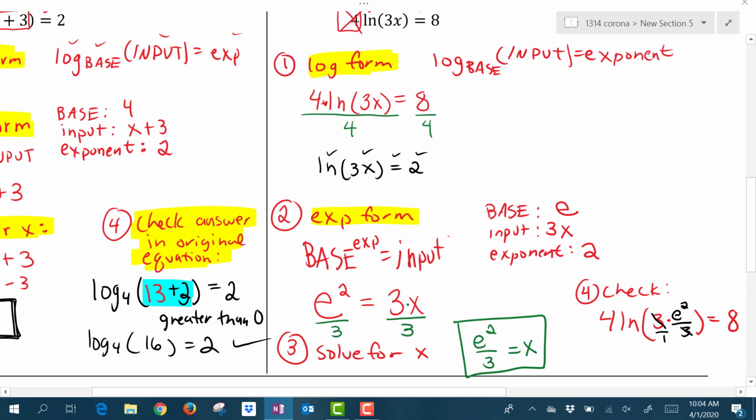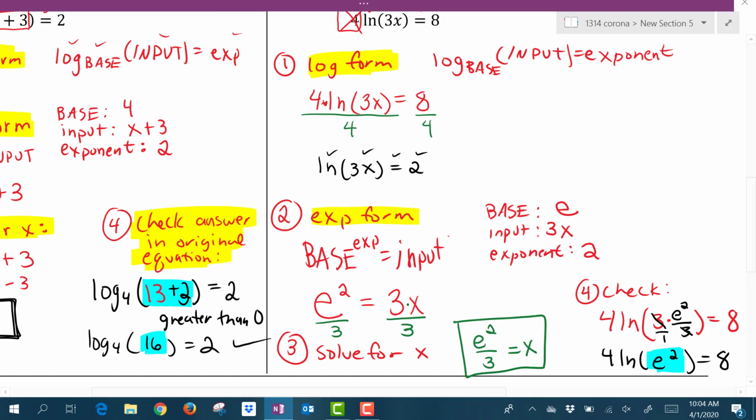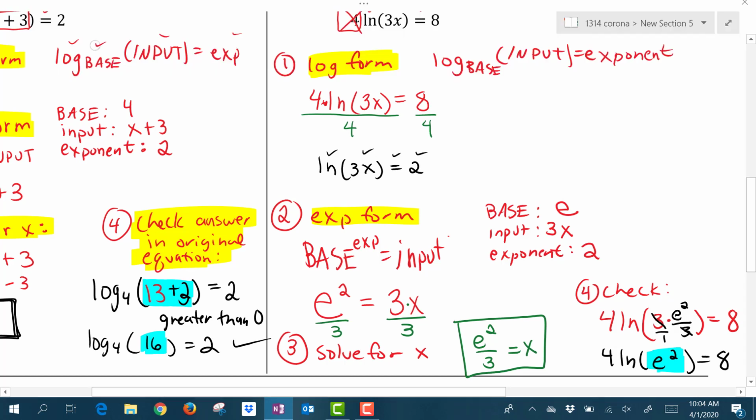The 3's will cancel. What I'm left with inside is e squared. All I want to do is make sure that the input of this log is greater than 0. e squared is greater than 0, so our solution checks out.